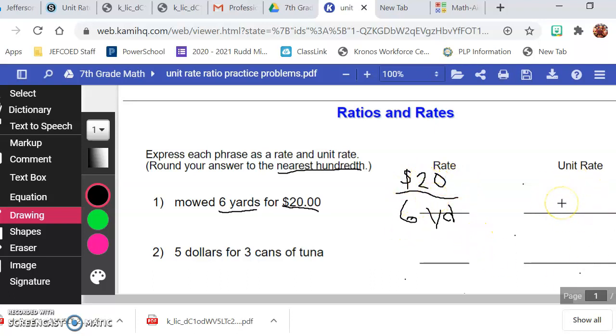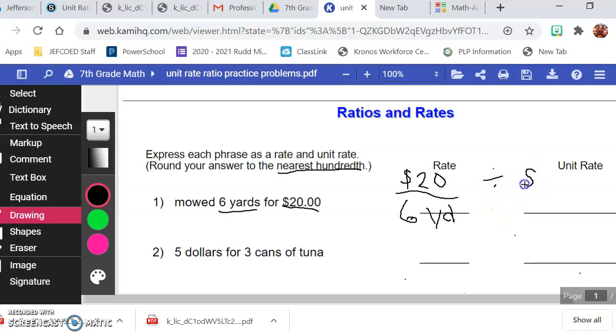We now want to create a unit rate. To create a unit rate, you're going to divide the numerator by the denominator. So I'm going to put in my calculator 20 divided by 6. When I do that, I get 3.333333 repeating.